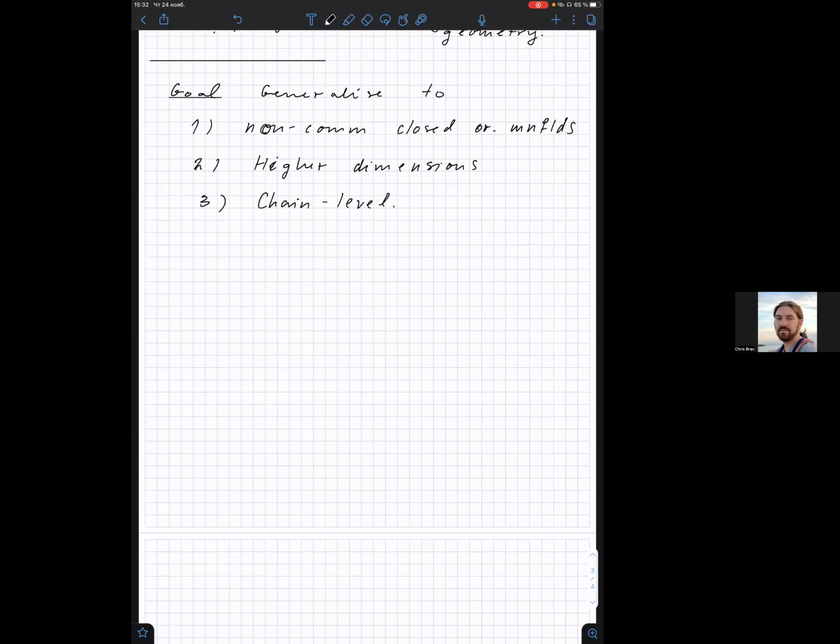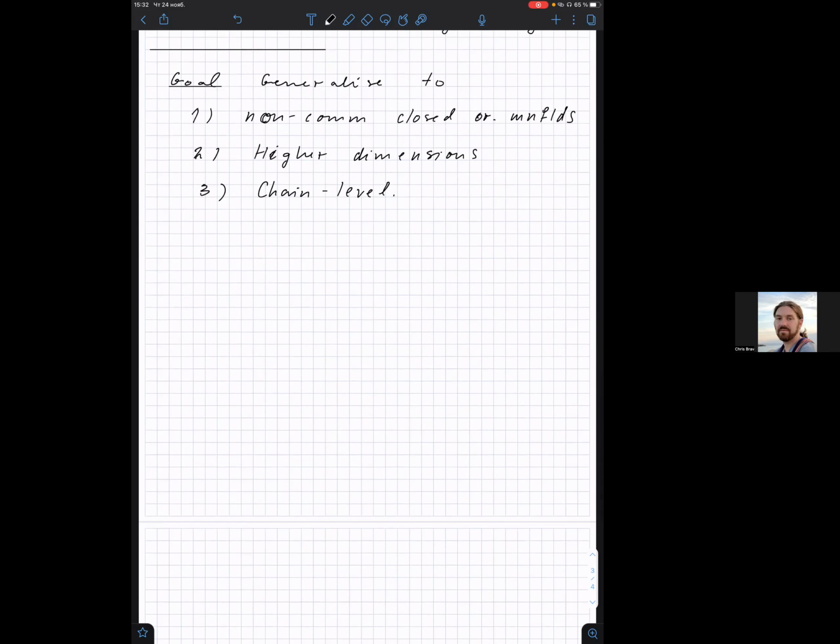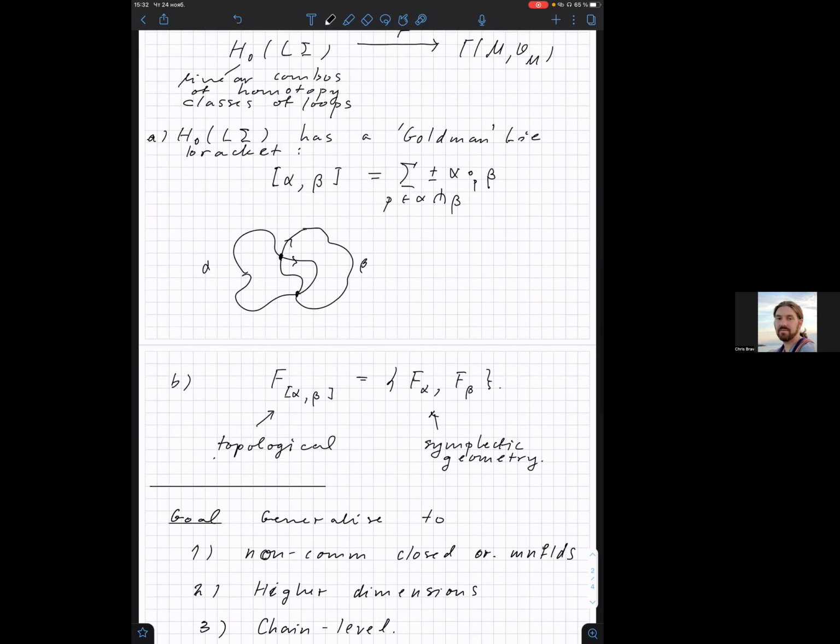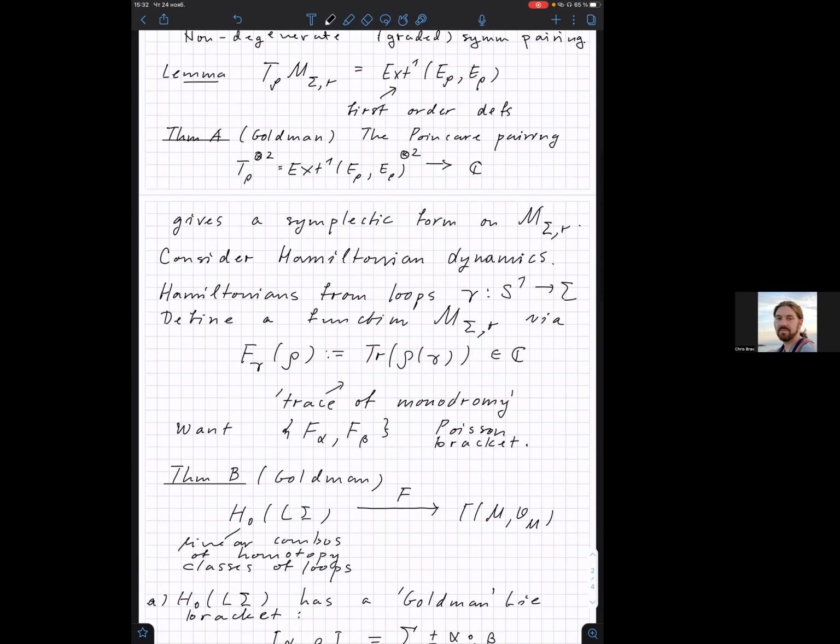Let me first deal with part 1. How do we introduce non-commutative manifolds? There will be two theorems that generalize the two theorems of Goldman. The idea is that if you look at what I did, I didn't need to know a whole lot about the surface.